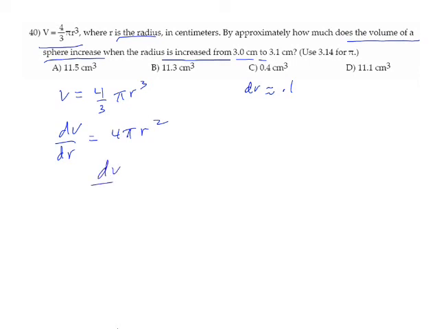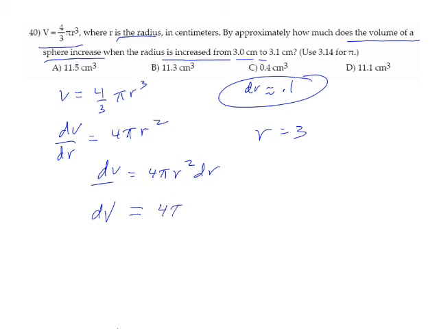So dV is equal to 4 pi r squared dr. dr is 0.1, r is 3, so we get that dV, which is what we're looking for, would be 4 pi times r squared, which is 9, times 0.1, and this equals 11.3, which is answer B.